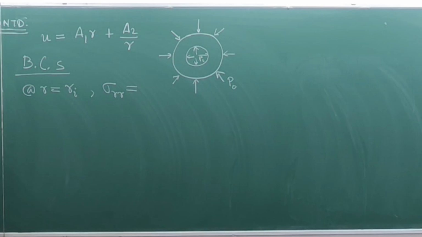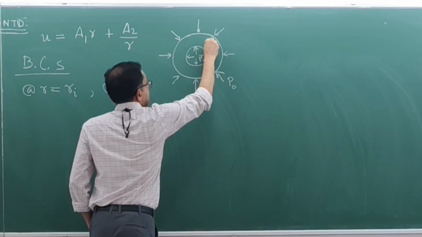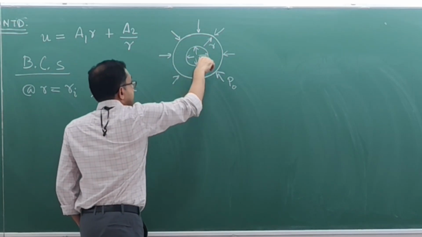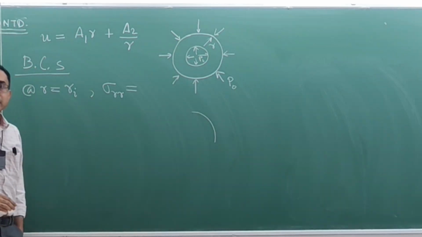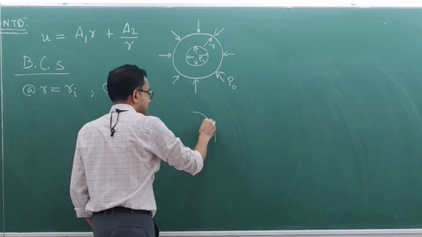Okay, this is the radial direction. On this internal surface, is sigma RR pointing out of the wall or into the wall? It is out of the wall. It is always out of the wall.